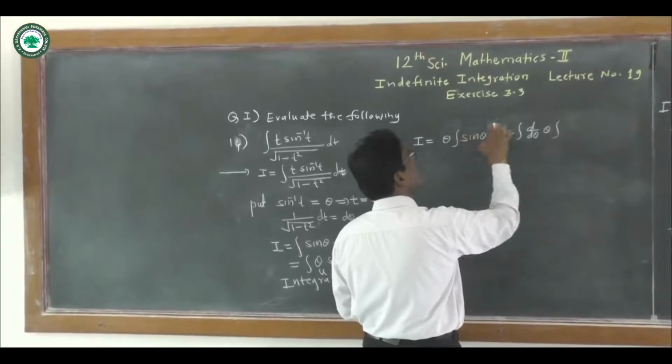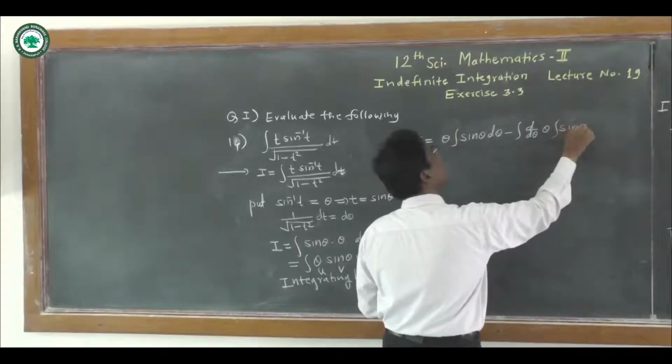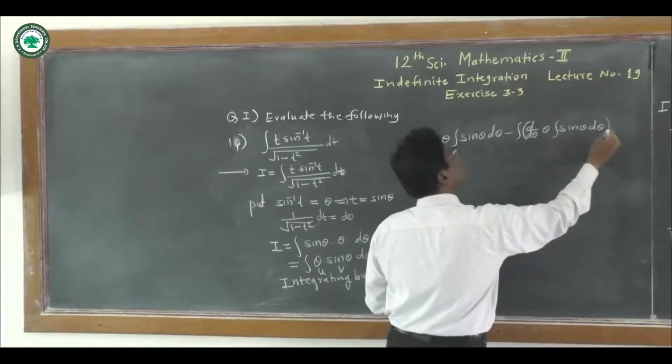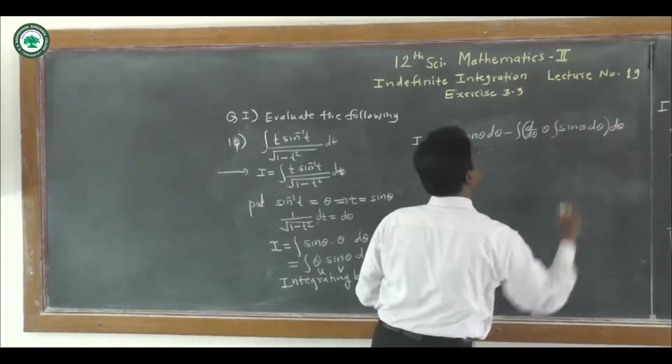We have to repeat this integration of sin theta d theta and make this as a round bracket and then write this d theta.